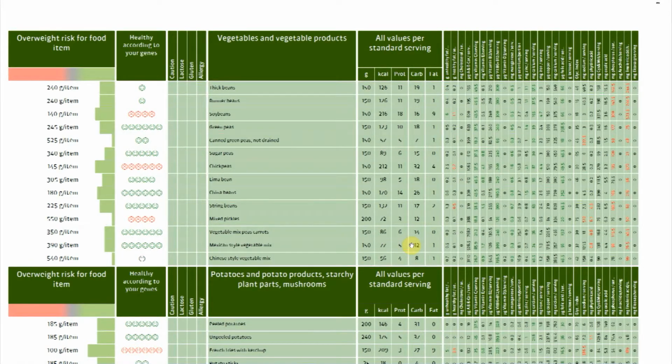For you to use it, really just eat more of the green smileys, eat less of the red smileys and the unhappy faces. And sometimes you might even see in meat, all of it is bad, but some of it has six red smileys, unhappy faces, and some of it has two. So you should just prefer the ones with fewer unhappy faces.